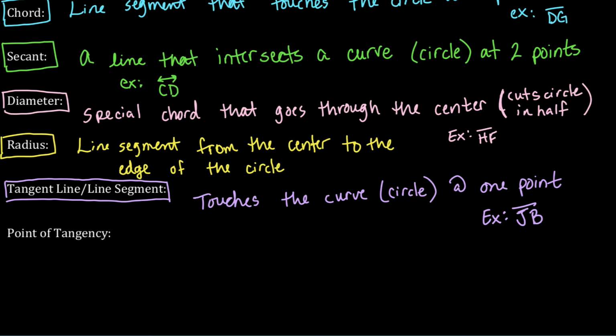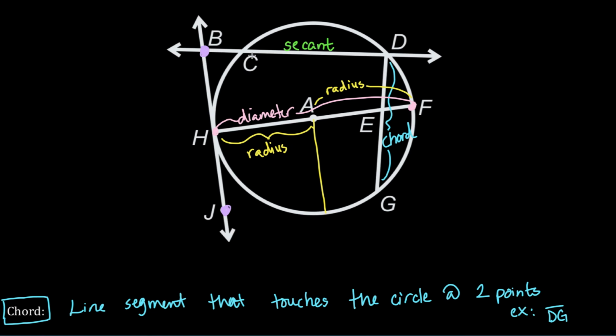So a tangent, it's tangent because it hits at this one point H. So JB, I guess I can do slightly better. Right here, it hits it at one point, like H. It just touches right there. It looks like it touches more of that just because it's a drawing, but it literally touches just right there.